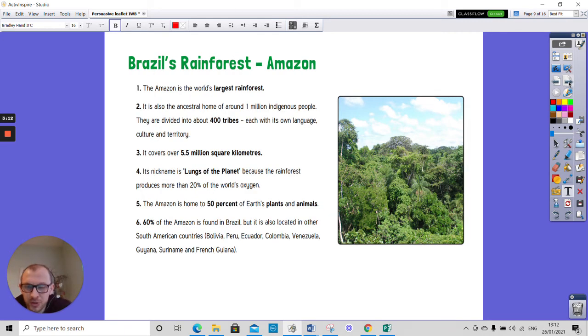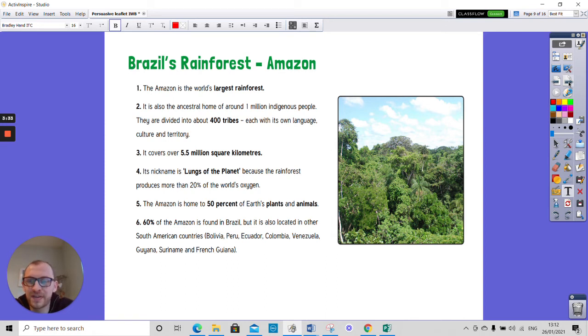So Brazil's rainforest, you should already know quite a bit about the Amazon rainforest. It's the world's largest rainforest. It is also the ancestral home of around 1 million indigenous people, and they are divided into about 4,000 tribes, each with its own language, culture, and territory.